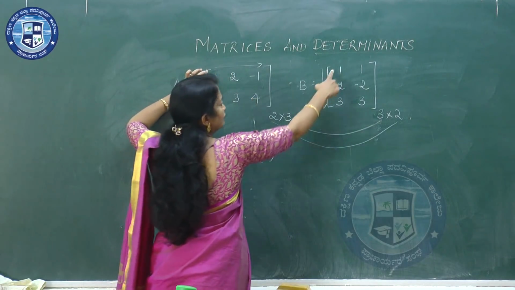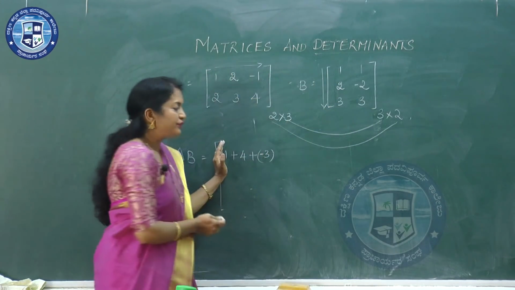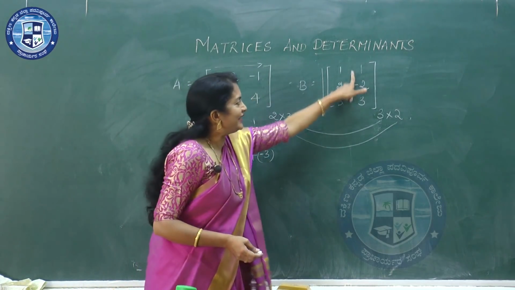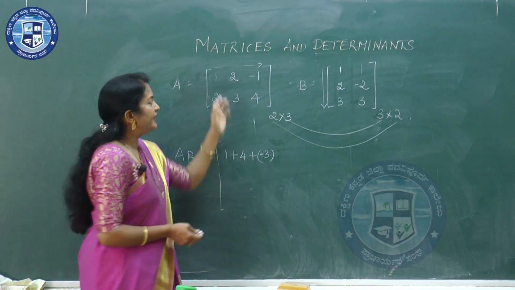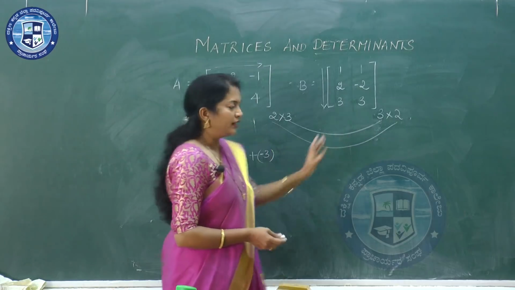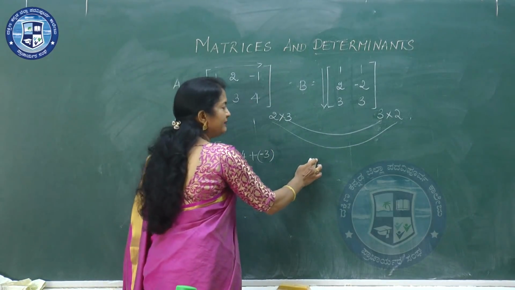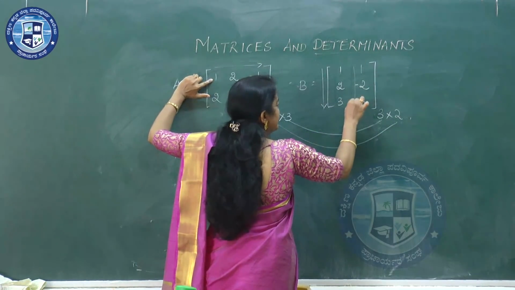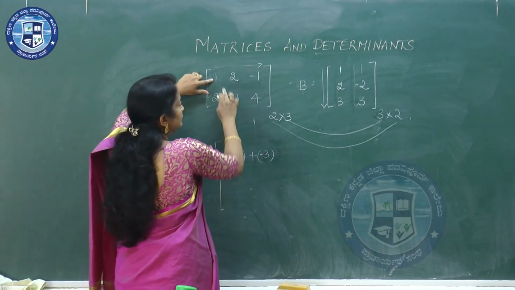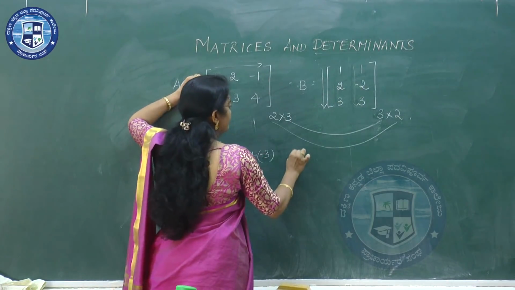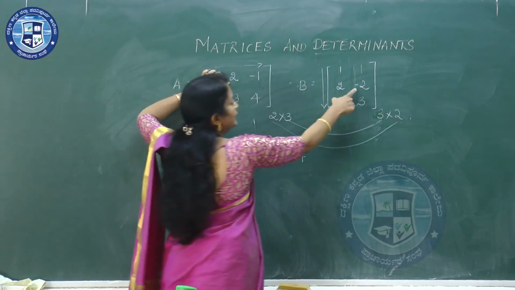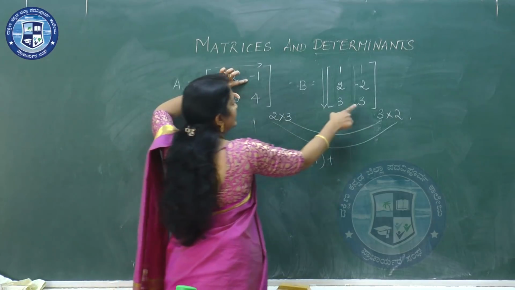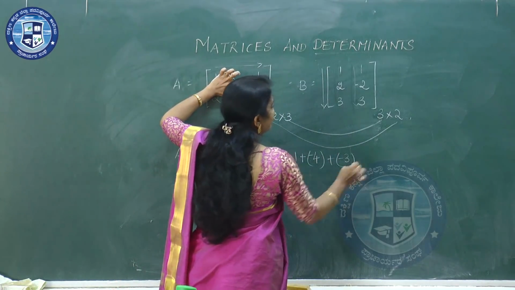So, first row, first column multiplication gives the first element. Now, first row, second column. When you are multiplying first row, second column, you will be getting the second element in the first row. So now: 1 into 1, 1, plus 2 into minus 2, minus 4, plus minus 1 into 3, minus 3.